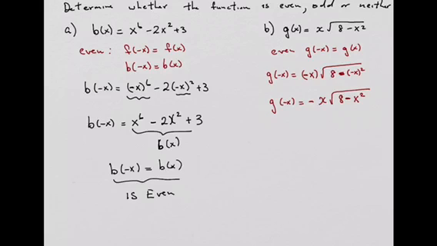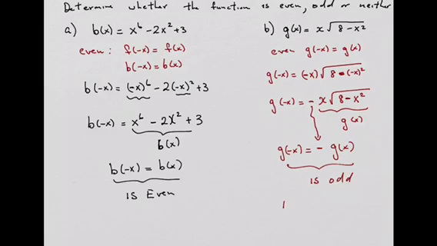So notice that what remains here is our g of x, but g of minus x is equal to the negative of g of x. So this implies that this function is odd, because recall, for odd, g of minus x must be equal to minus g of x.